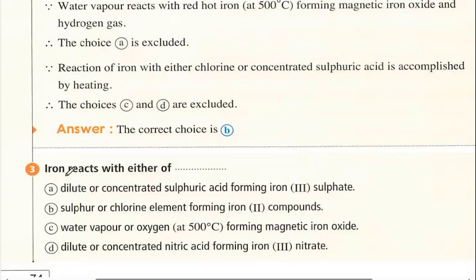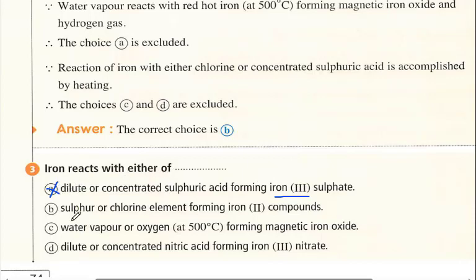Here is another example. Iron reacts with either dilute or concentrated sulfuric acid forming iron 3 sulfate. If it is dilute, it forms iron 2, not iron 3. If it is concentrated, it forms iron 2 and iron 3. So this is wrong.